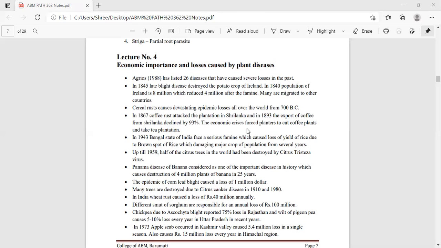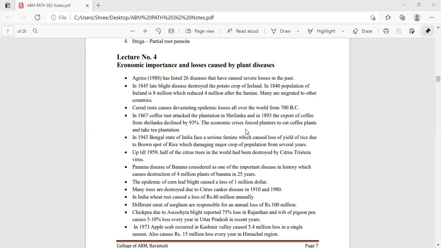In 1867, Sri Lanka was the topmost coffee exporter in the world. Nowadays it is Brazil. But by 1893, Sri Lanka's coffee export declined by 93% due to a single disease that caused destructive losses to the coffee beans.